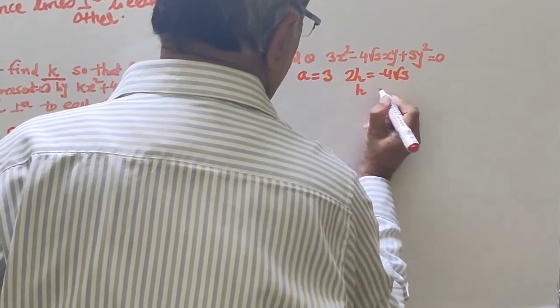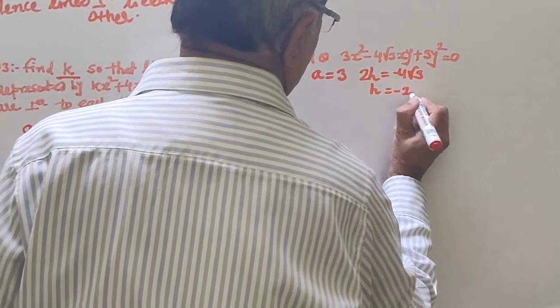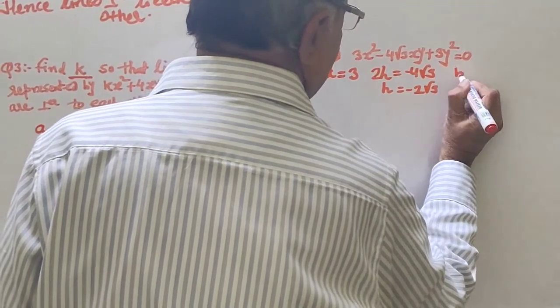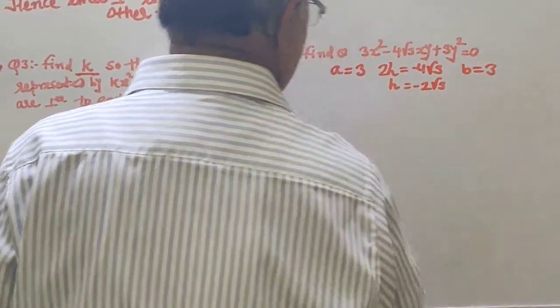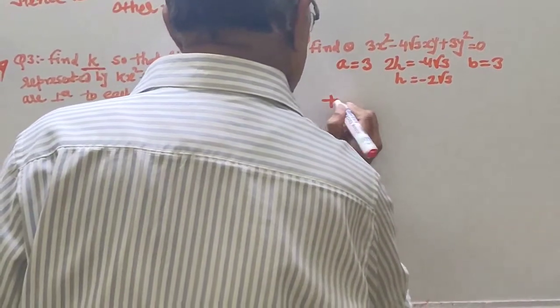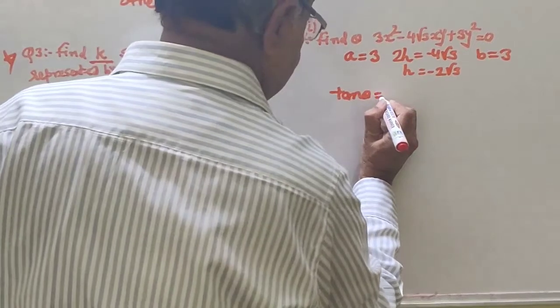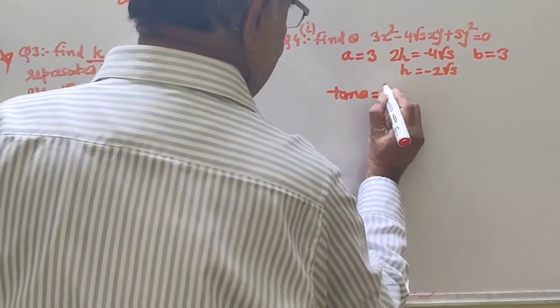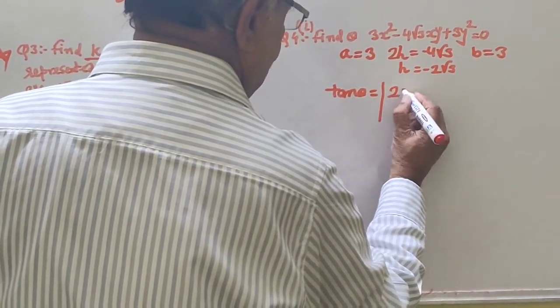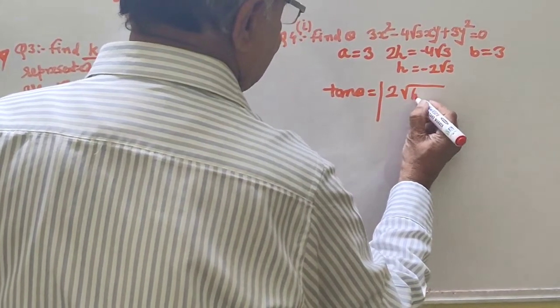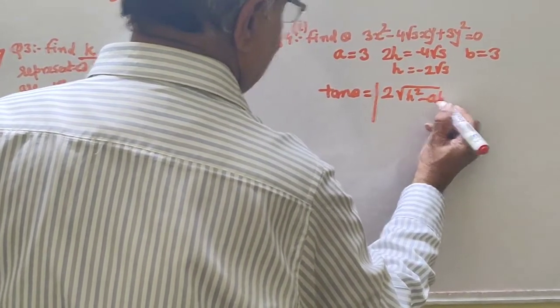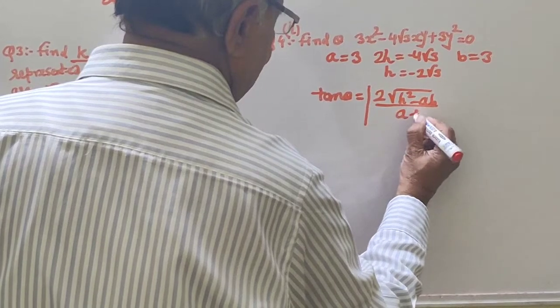Okay. Now the value of h is minus 2 root 3. The value of b is 3. Okay. Now I know the formula. tan theta is equal to modulus of 2 under root of h square minus ab upon a plus b. Okay.